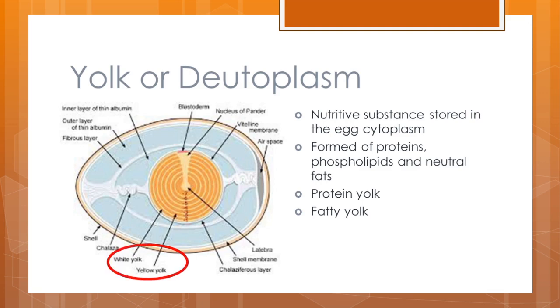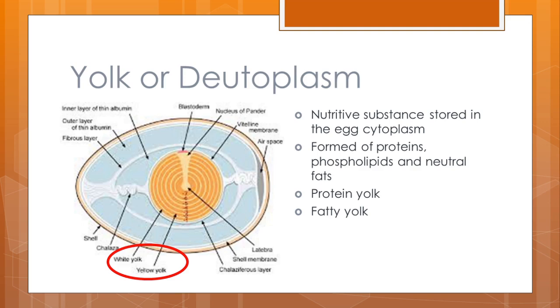Now, what is yolk or deutoplasm? I told you that in the egg cytoplasm, the nutrients which are required for the development of the embryo are stored. These nutrients stored in the egg cytoplasm are called the yolk or deutoplasm.